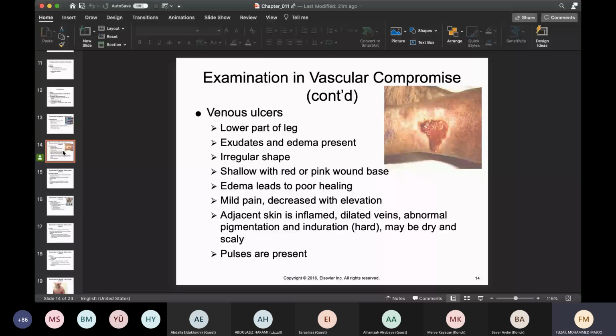As for the skin around the ulcer, it's often inflamed, dry, and scaly. You may have an order from the doctor advising the nurse or physical therapist to apply topical creams to reduce that inflammation.